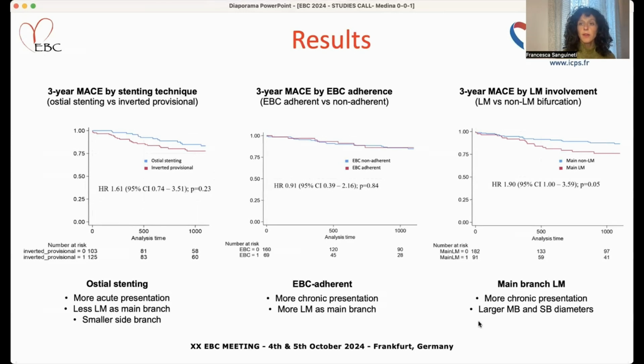And going to the consideration of the left main involvement, we could see that this kind of bifurcation is associated to more events at 3 years, but we are talking about more stable presentation and larger main and side branch diameters.